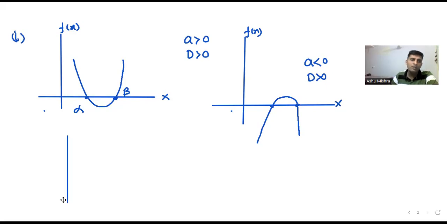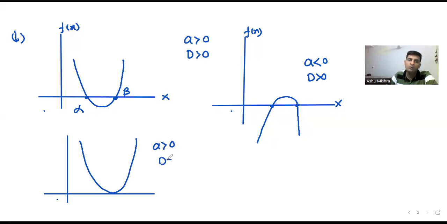If the value of D is equal to 0, then the curve touches the x-axis only at one point, like this. In this situation, a is more than 0 and D is equal to 0. This is your x and this is your f(x).